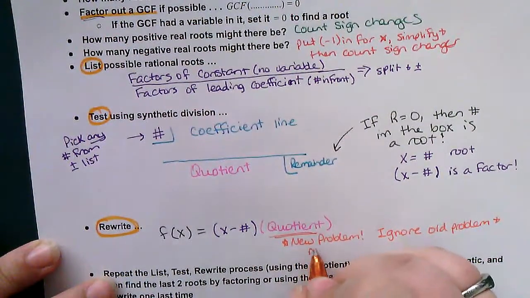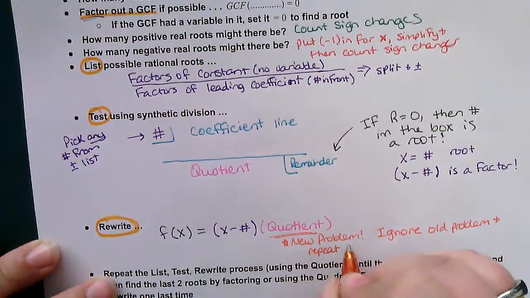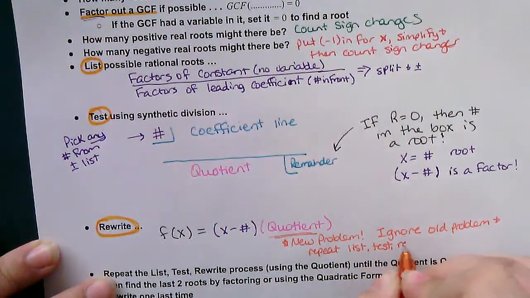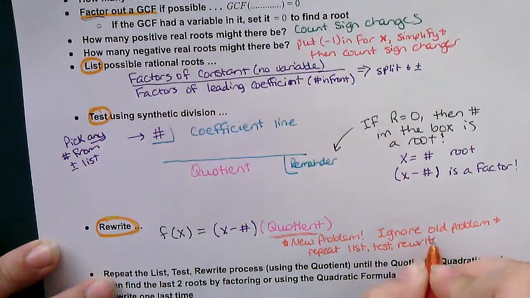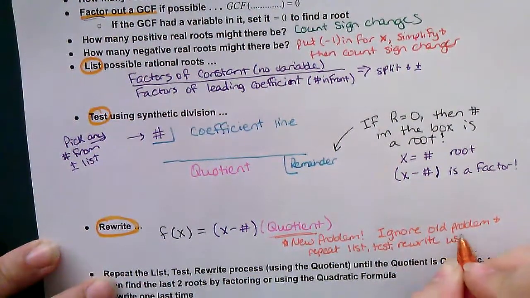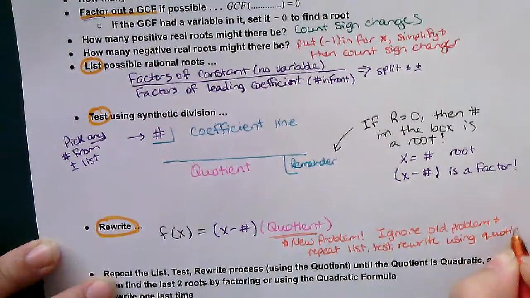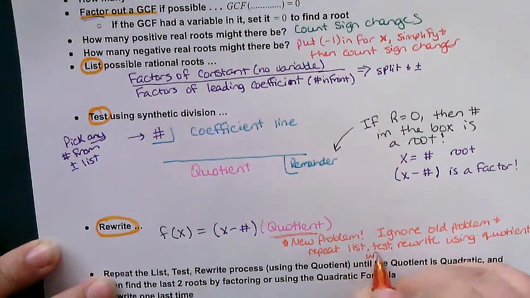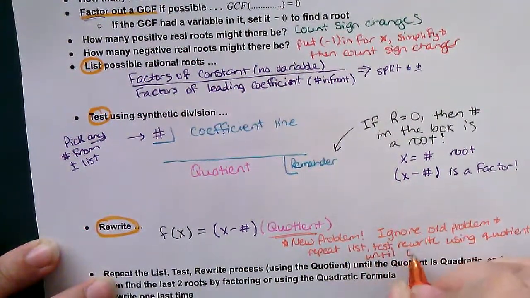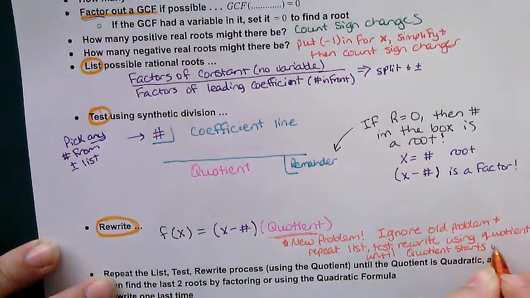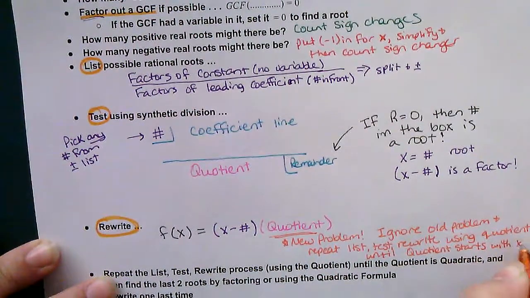Okay, so you are going to completely ignore the old problem and repeat your list, test, rewrite using this quotient until your quotient starts with x squared.